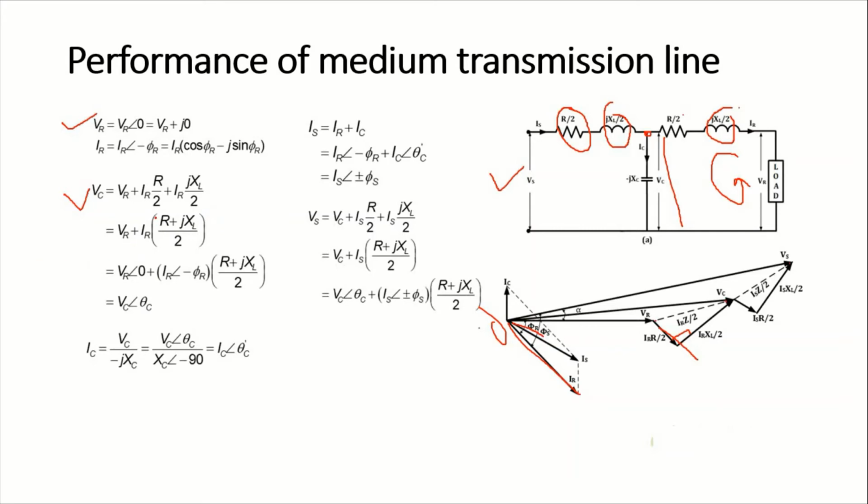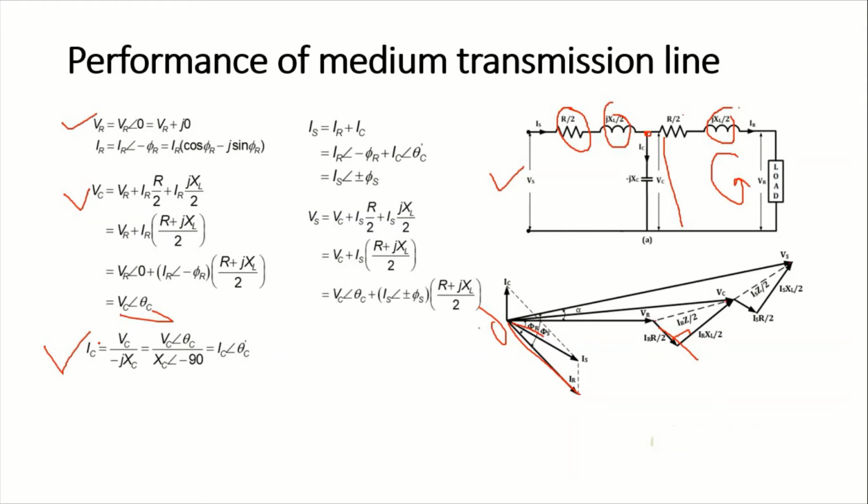Taking IR common, it becomes R plus jXL by 2. Now converting into polar form, VR angle 0 plus IR angle minus phi r in bracket R plus jXL by 2, and this is equivalent to VC angle theta C.